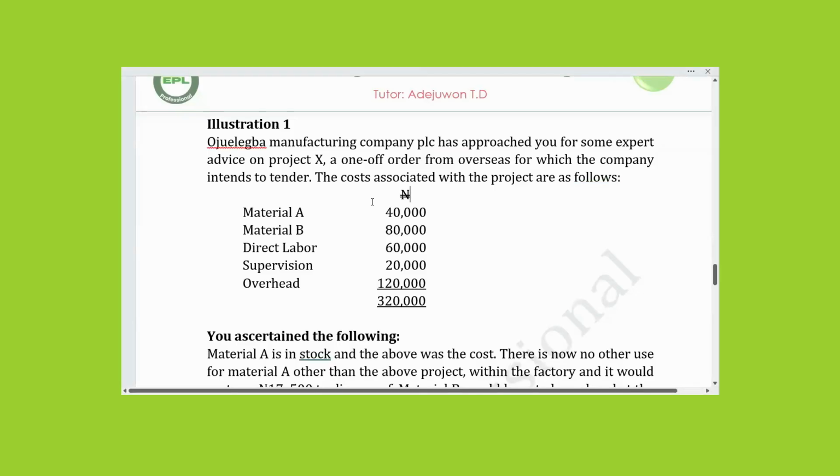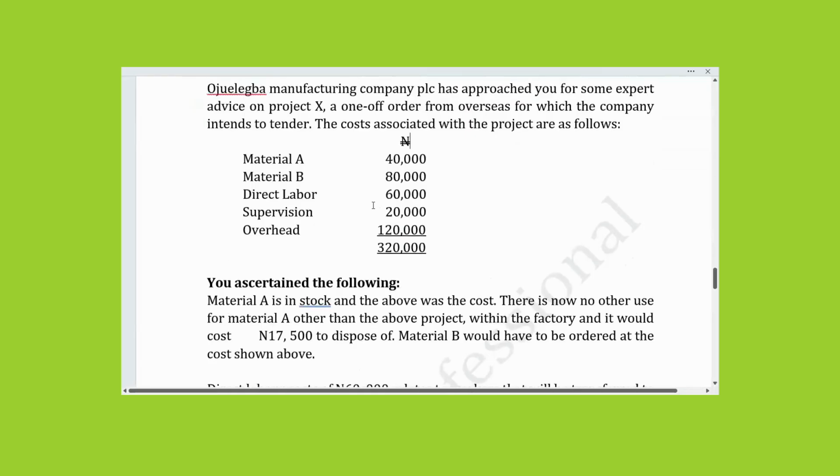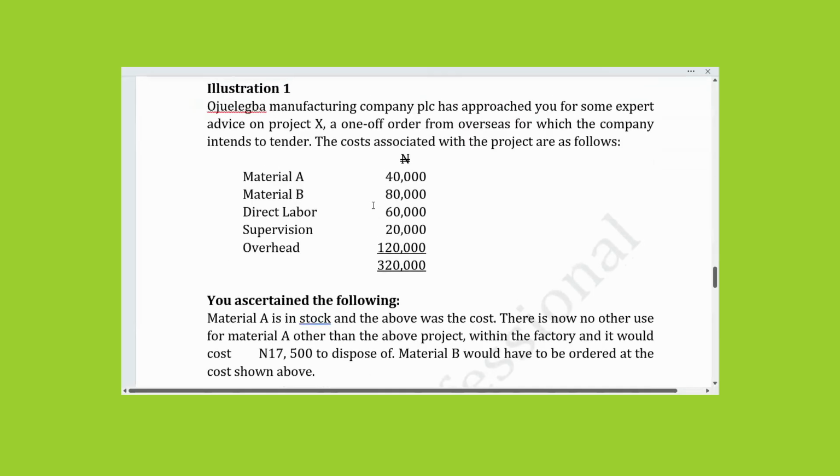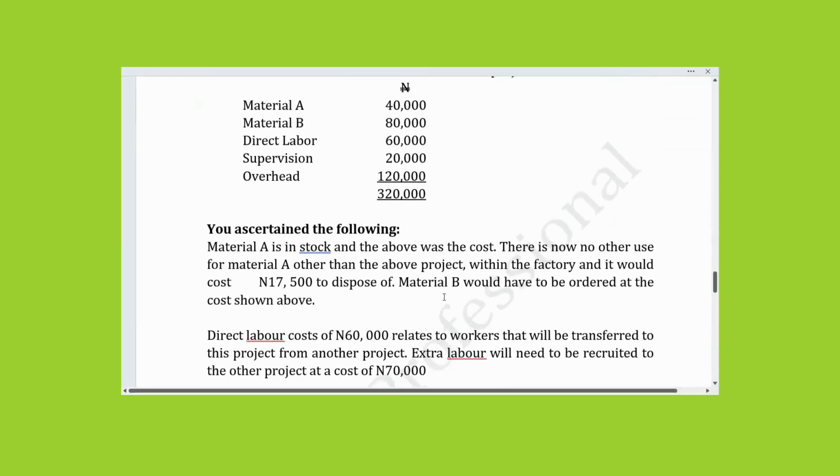A one-off order from overseas for which the company intends to tender. The costs associated with the project are as follows. Material A, 40,000. Material B, 80,000. Direct labor, 60,000. Supervision, 20,000. Overhead, 120,000. Total, 320,000.